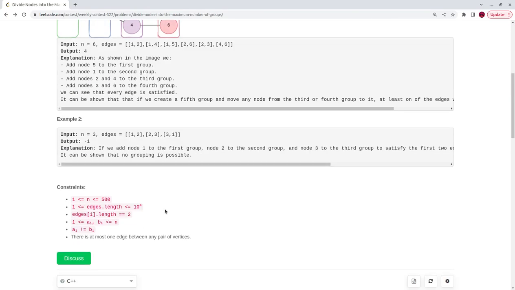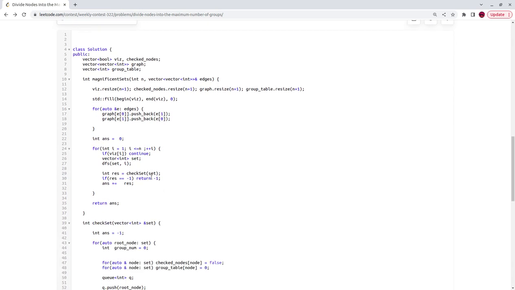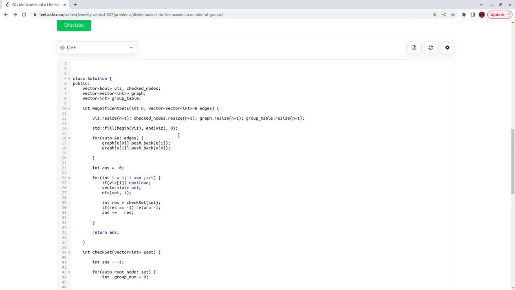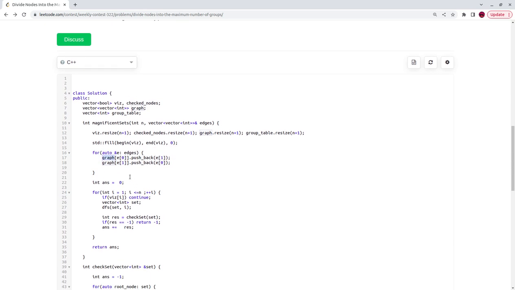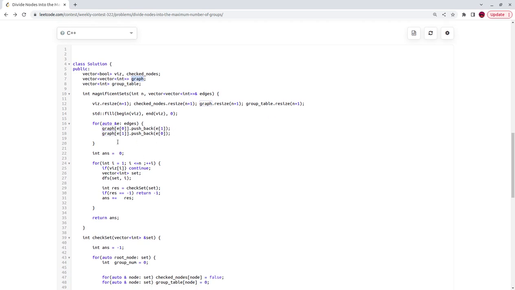So let's look into the implementation. First of all, we are given a vector of edges, so we need to build our adjacency list or our graph. So the graph is a vector of lists or a vector of vectors. After we build our graph, we need to find the sets using the DFS algorithm.